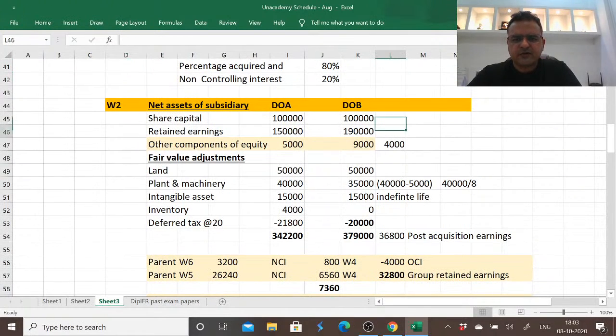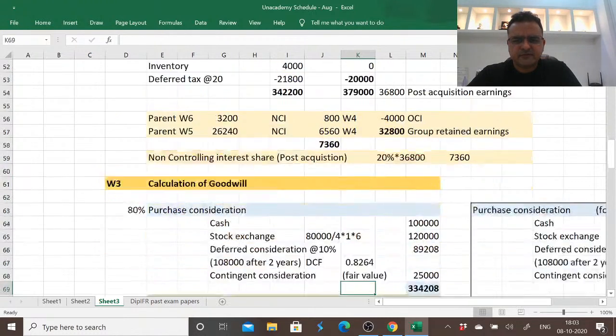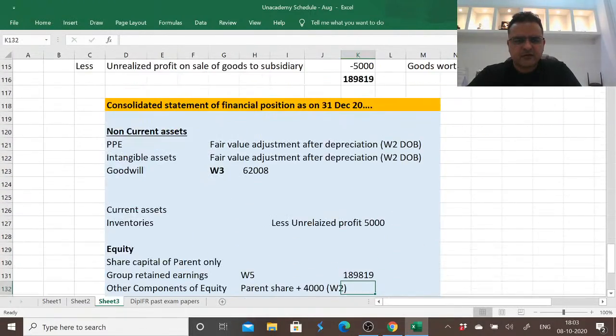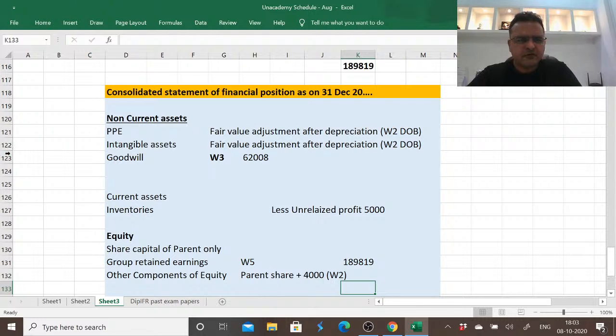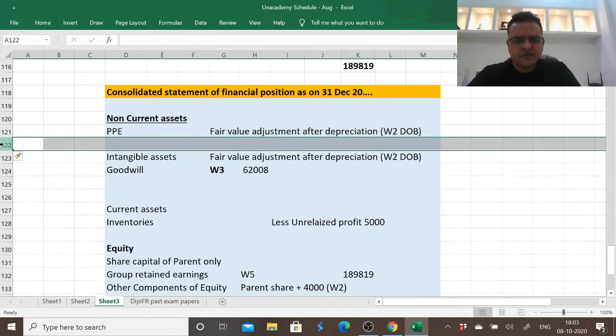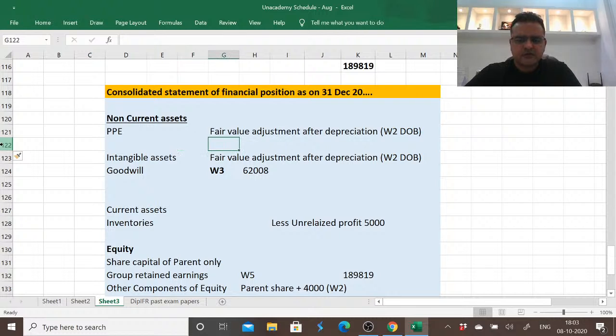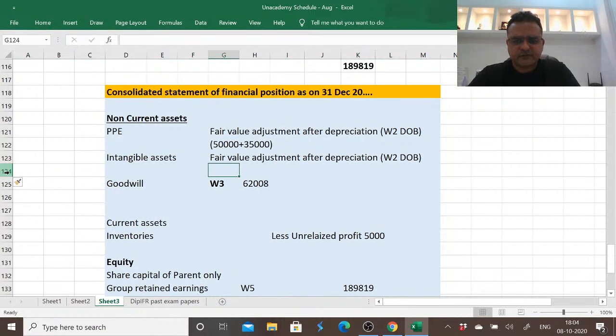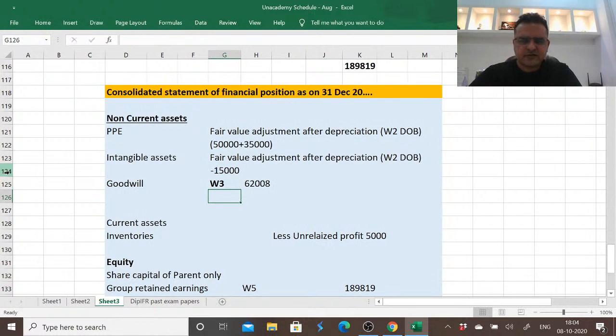The balance of land is to be increased by 50,000, plant and machinery by 35,000, and 15,000 in terms of intangible assets on the date of balance sheet, along with the existing intangibles.